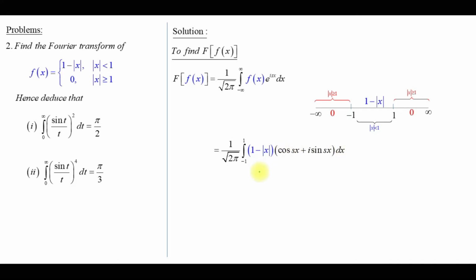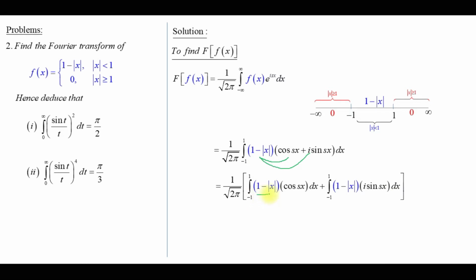Next, split this into two parts, namely this into this and this into this. So it equals 1 divided by square root of 2 pi integral minus 1 to plus 1, 1 minus mod x into cos sx, plus integral minus 1 to plus 1, 1 minus mod x into i sin sx into dx.